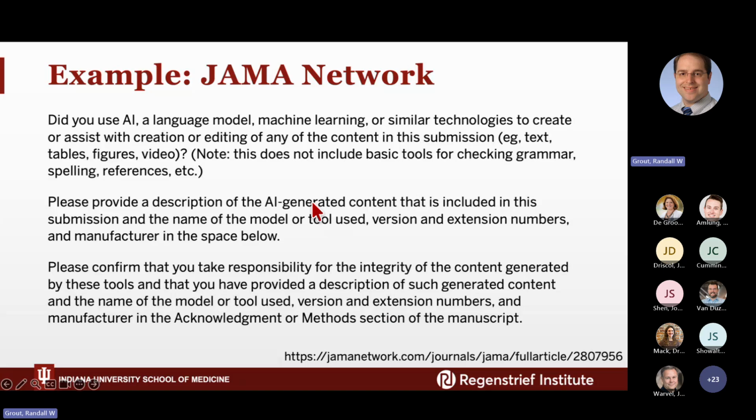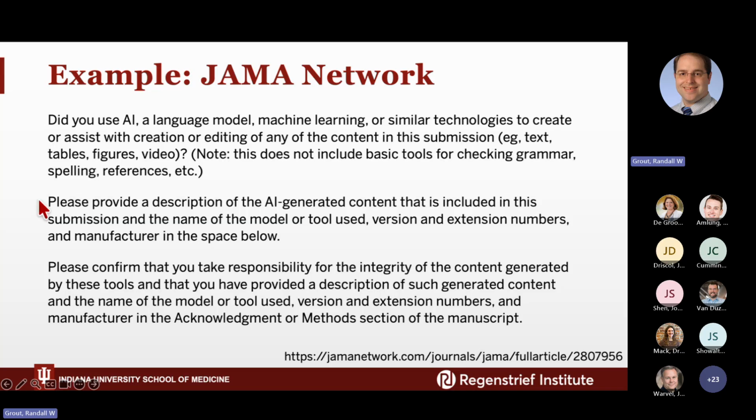Next up, the JAMA Network. Lots of different journals, JAMA, the JAMA Open papers, etc. In their submission process, they ask specific questions. Did you use AI, a language model, machine learning, or etc., to assist with creation or editing of any content, including text, tables, figures, video? And then they exclude basic tools, the copy editing types of stuff.